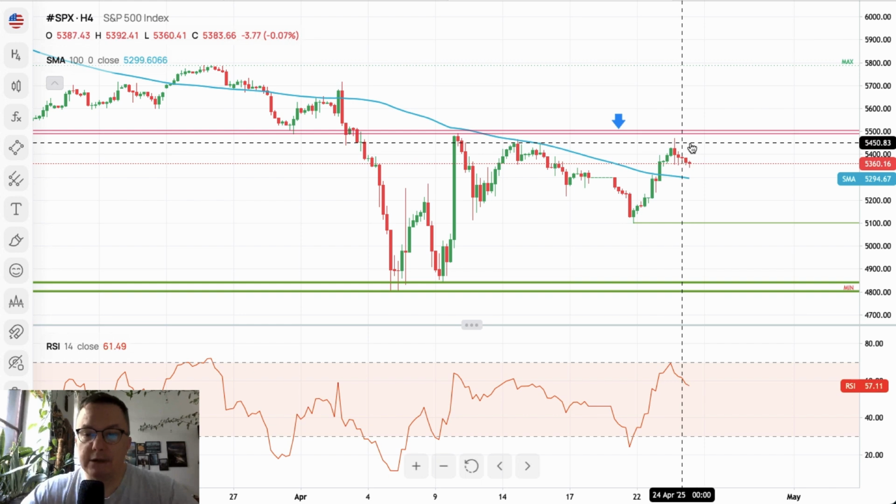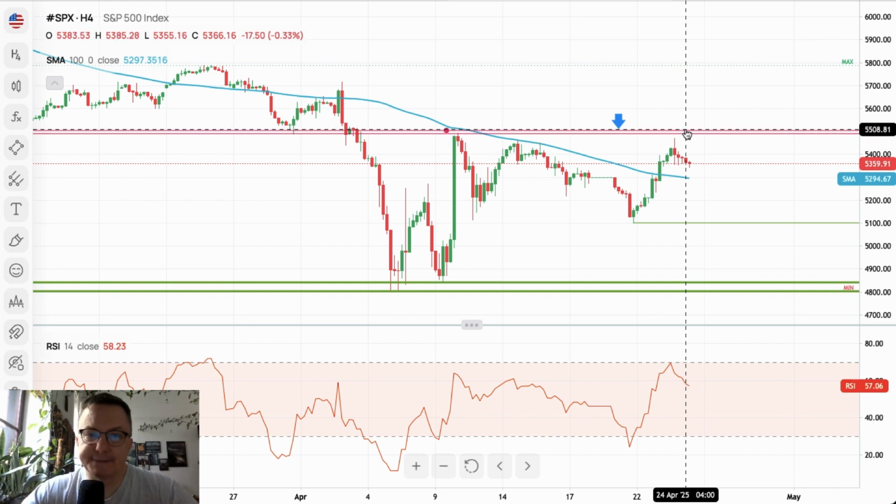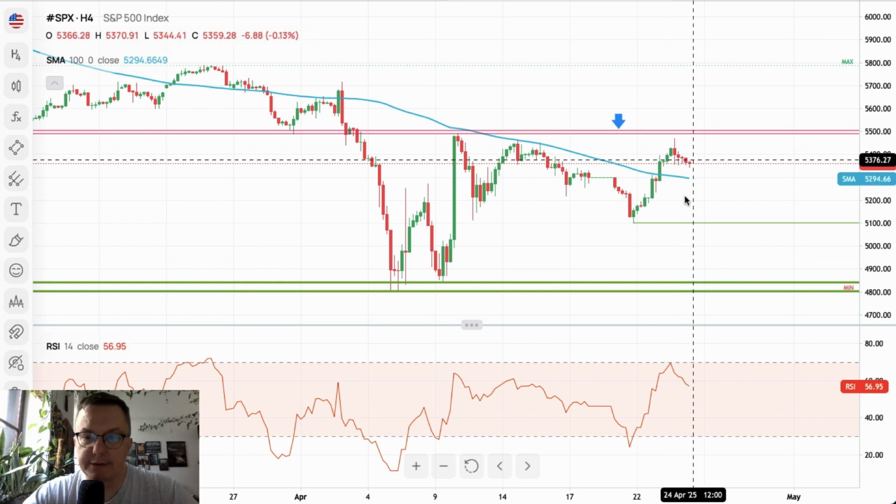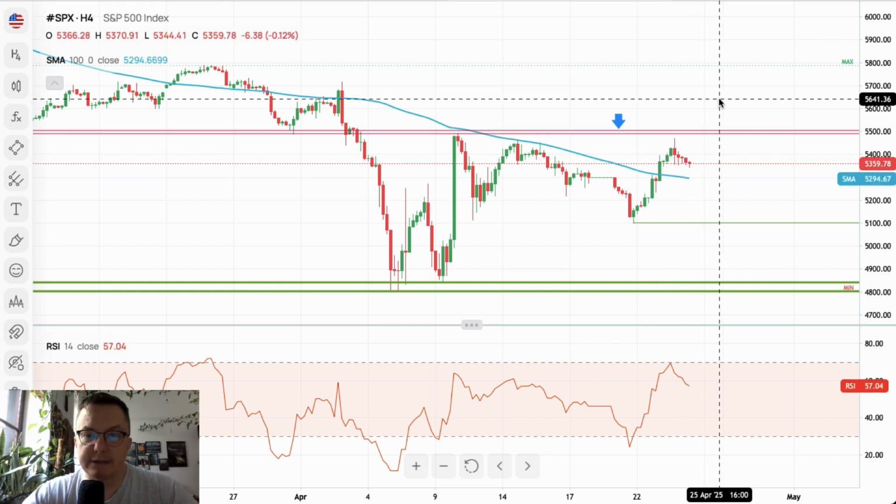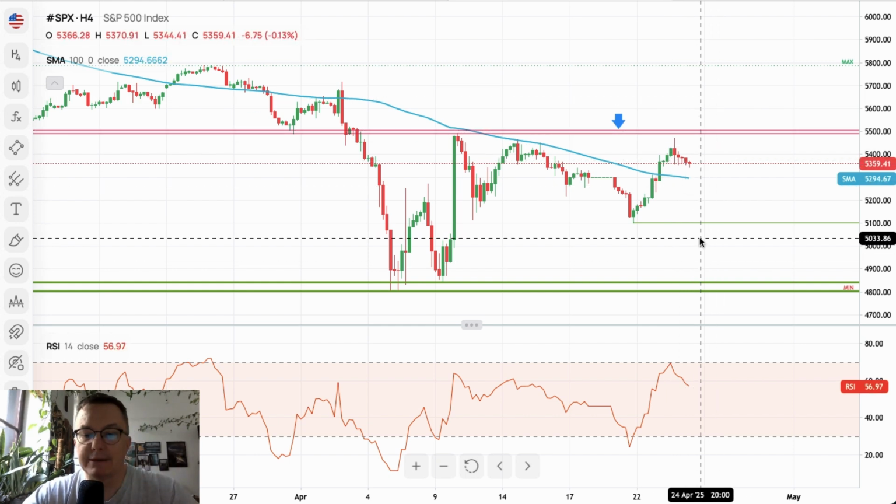So if we break above this technical resistance or supply zone, then the outlook is even more bullish, right? Because we will enter the very, very positive sentiment zone on the RSI.